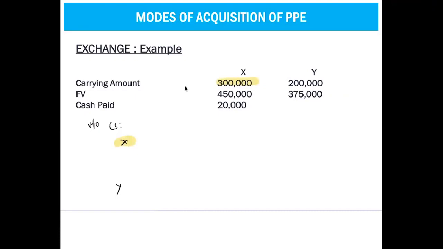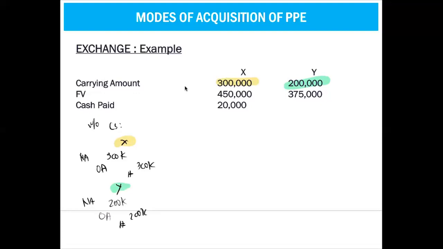Okay? So we debit new asset at 300,000. We credit the old asset at 300,000. For Y, what is the carrying amount? 200,000. So we debit new asset at 200,000, old asset at 200,000.